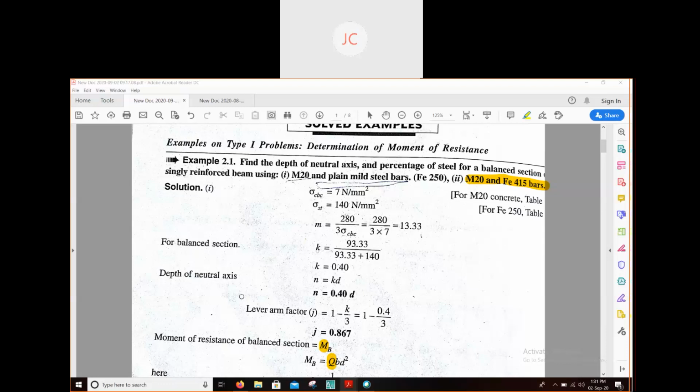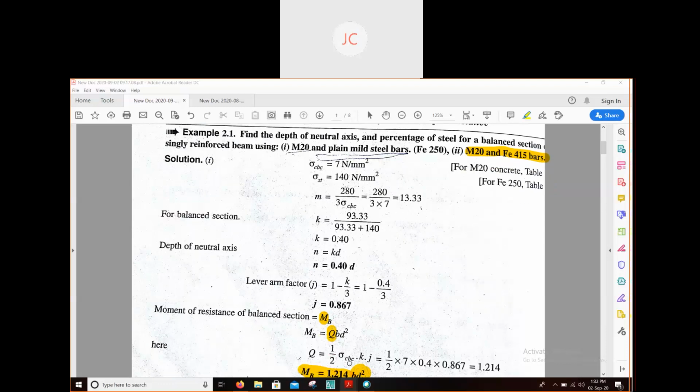Find out the moment of resistance by this formula. M equal to R b d square, or Q b d square, whatever you write.